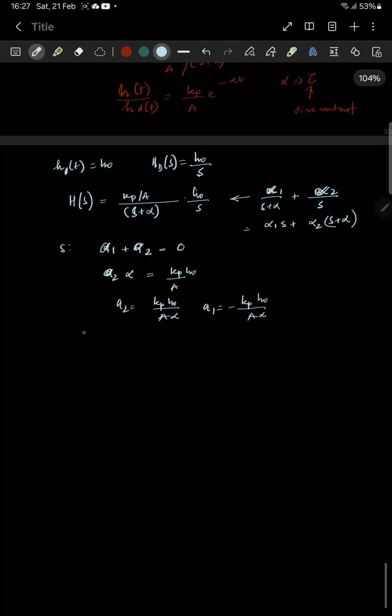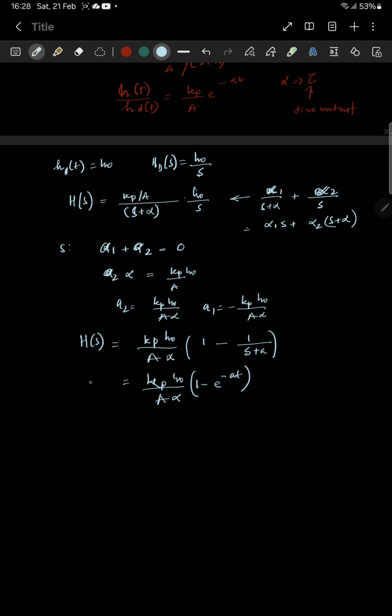now H(s) becomes Kp h0 by A alpha times (1 by s minus 1 by s plus alpha), so h(t) is Kp h0 by A alpha times (1 minus e to the power of minus alpha t).